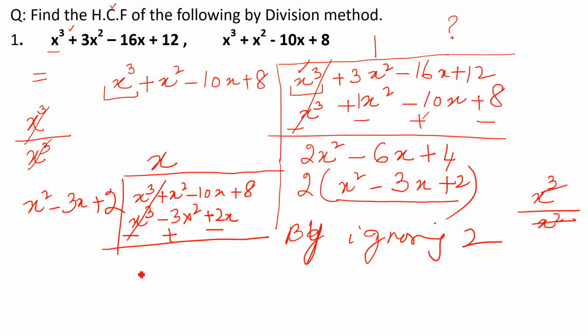So it will be 4x square and then minus 12x plus 8. So see this one, the variable x square, and this is also x square. So means we can solve it. It is not less than. It should be equal or less than. Oh, sorry, greater than. So x square, both are same.